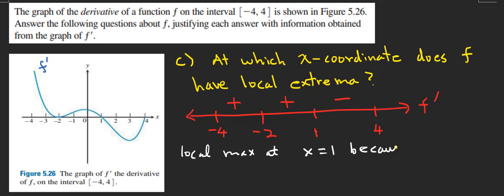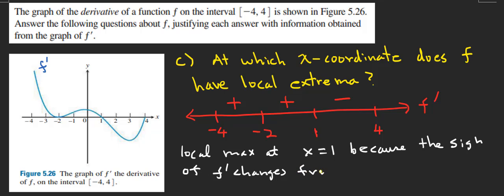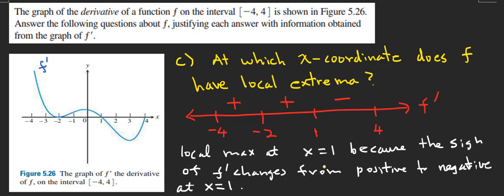Because the sign of f prime changes from positive to negative at x equals 1. That would be your justification.